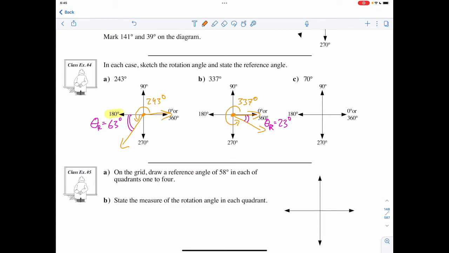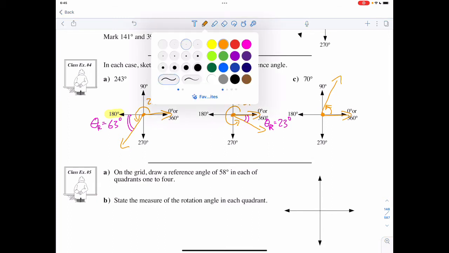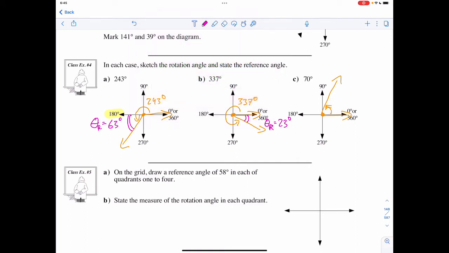When I get to my last one, where it's at 70 degrees, I draw out my rotation angle. And we find that when it ends in quadrant 1 like this, the nearest x-axis is actually just rotating back to 0.